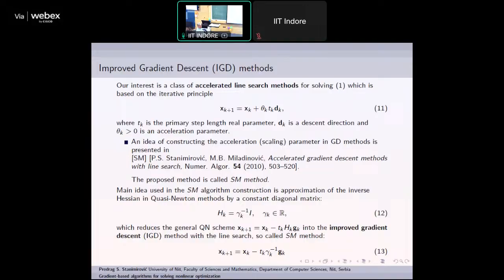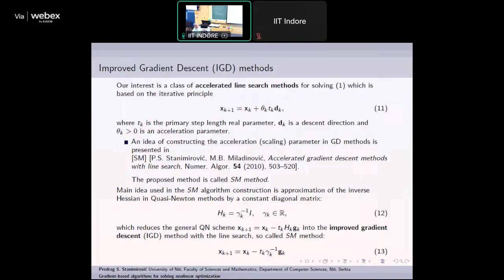The problem was how to define TK, another parameter. Our idea was to use the simplest approximation of the inverse of the Hessian.